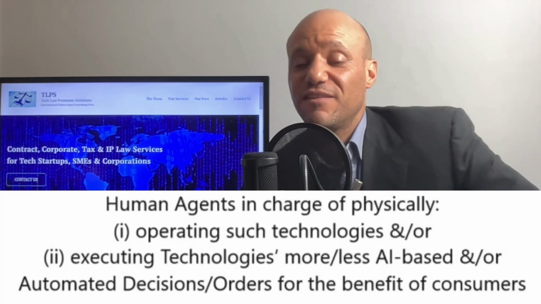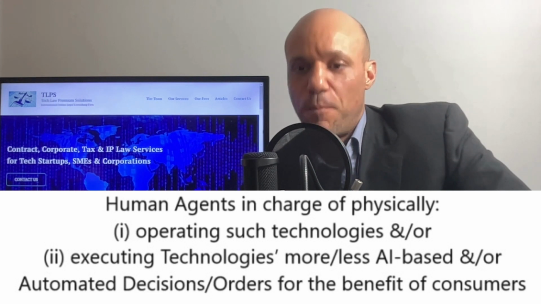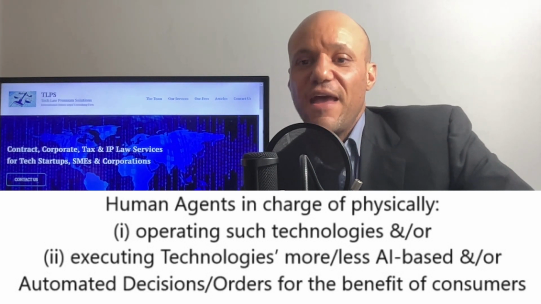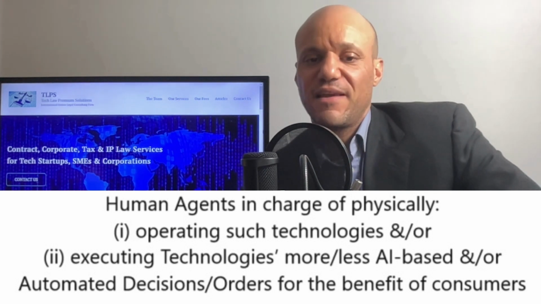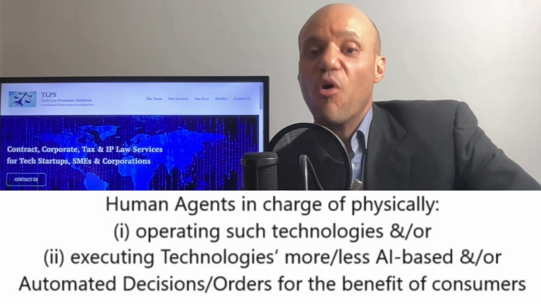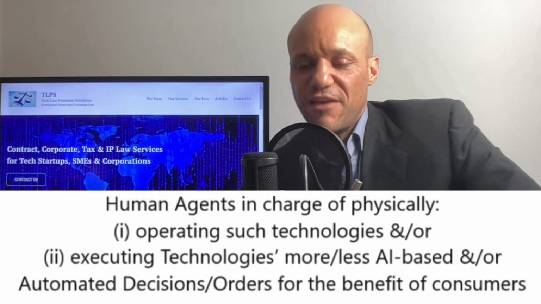First, applicable to modern mass distributed technological products, such as artificial intelligence-based technologies, but also those laws and regulations applicable to the developers, designers, owners, users, and consumers of such technologies, and also to the human agents in charge of physically operating such technologies and in charge of executing such technologies, which are more or less AI-based and more or less automated for the benefit of consumers.